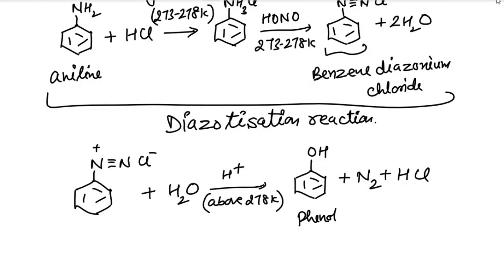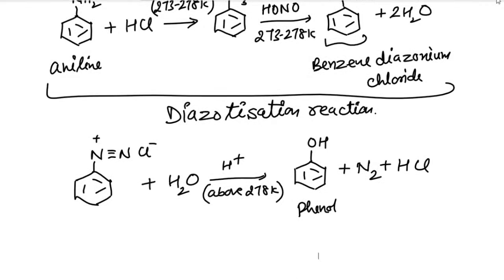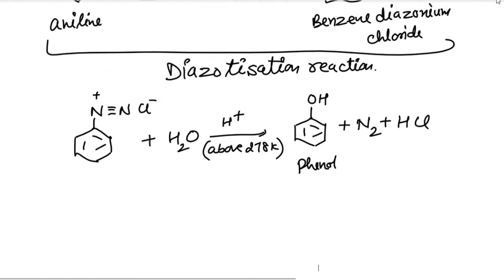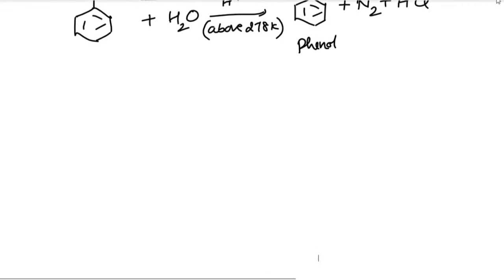That's why while preparing benzene diazonium chloride, keep in mind the solution should be ice cold. Only then we get benzene diazonium chloride. If the temperature is above 278, we get phenol as the product.